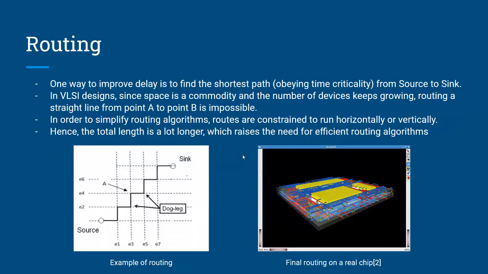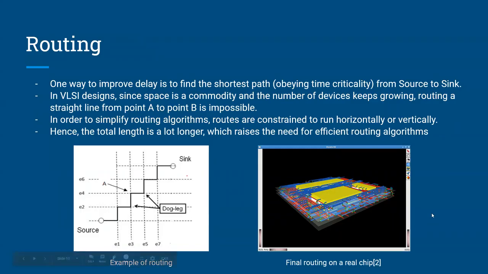So the first problem we're going to talk about is routing. And of course, one way to improve the delay is to find the shortest path, but also obeying setup and hold time criticality from a source to a sink.